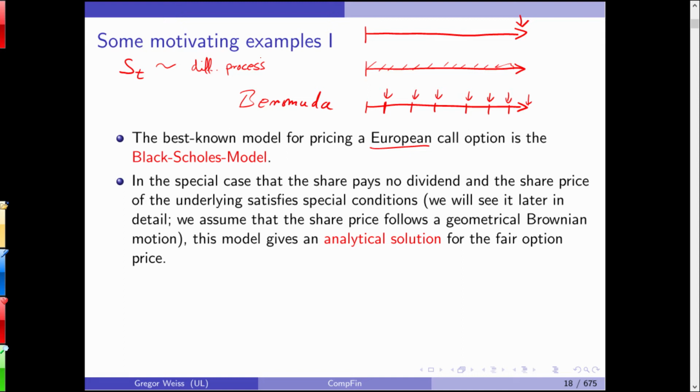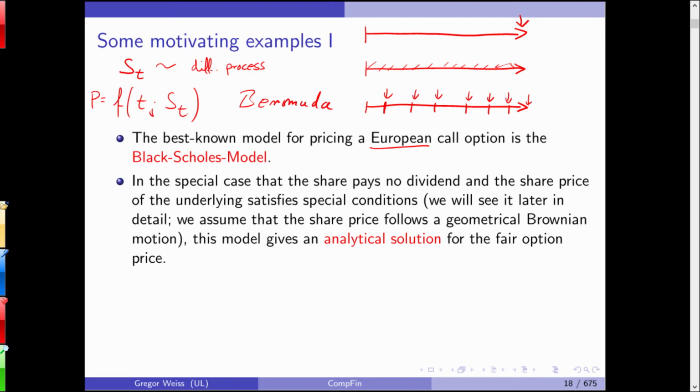Under this assumption that the underlying price is a diffusion process, you look at the price of the option, and you realize that the price of the option is what? A function in time t and the underlying price S_t. We'll later on see, I think in the 6th or 7th lecture, what happens if you assume S_T to be a diffusion process and you look at the price of an option that is a function in time t and S_t.